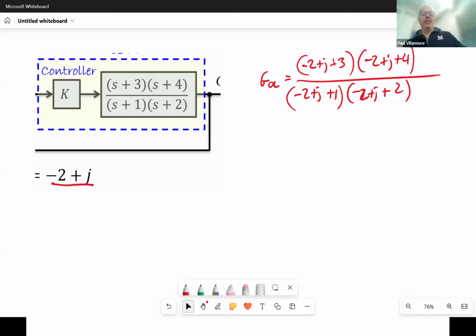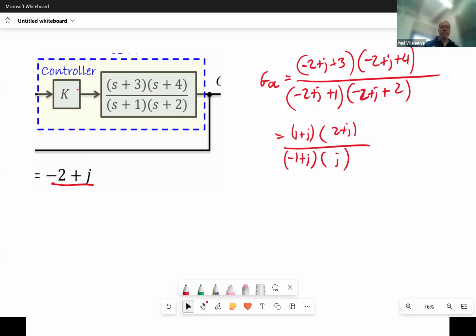I'm just plugging in -2 plus j everywhere I see s, right? That's going to be equal to 1 plus j times 2 plus j over -1 plus j times j, right? The -2 and the +2 will cancel each other out.